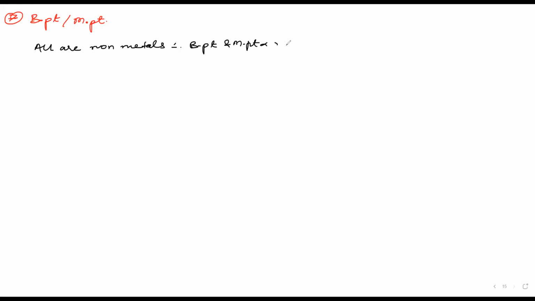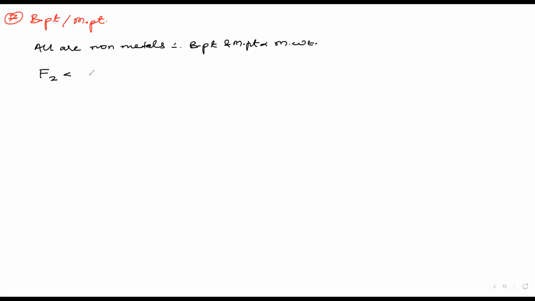Next, boiling point and melting point. All are non-metals, so we don't have to write much here. Now this will be 7th, I guess, right? Boiling point and melting point. Here all are non-metals. Therefore, boiling point and melting points will be directly proportional to molecular weight.